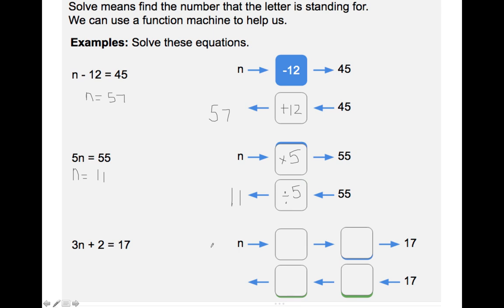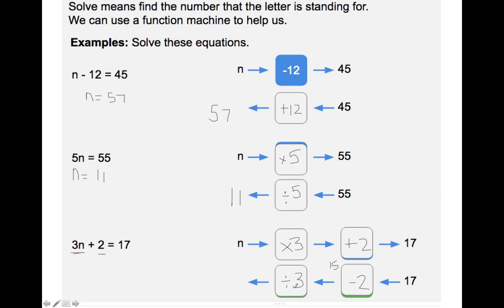I put n into the machine and I've timesed it by 3 first of all, and then I've added 2 to get 17. Working backwards, I need the opposite of this. I need the opposite of timesing by 3, which is dividing by 3. 17 take away 2 is 15.